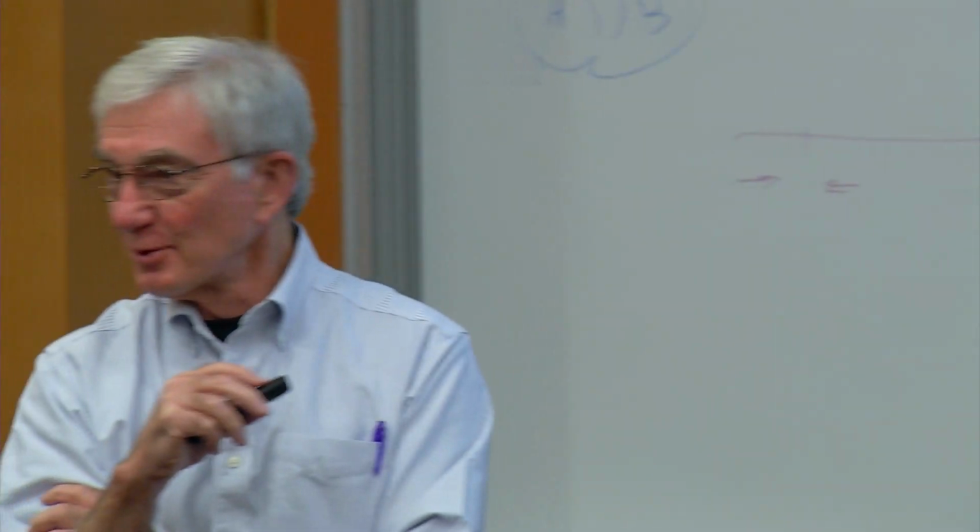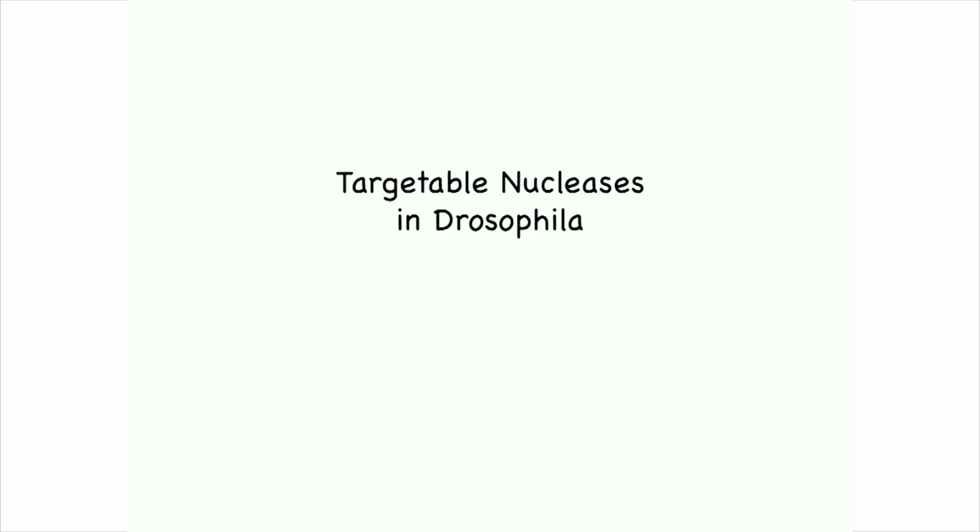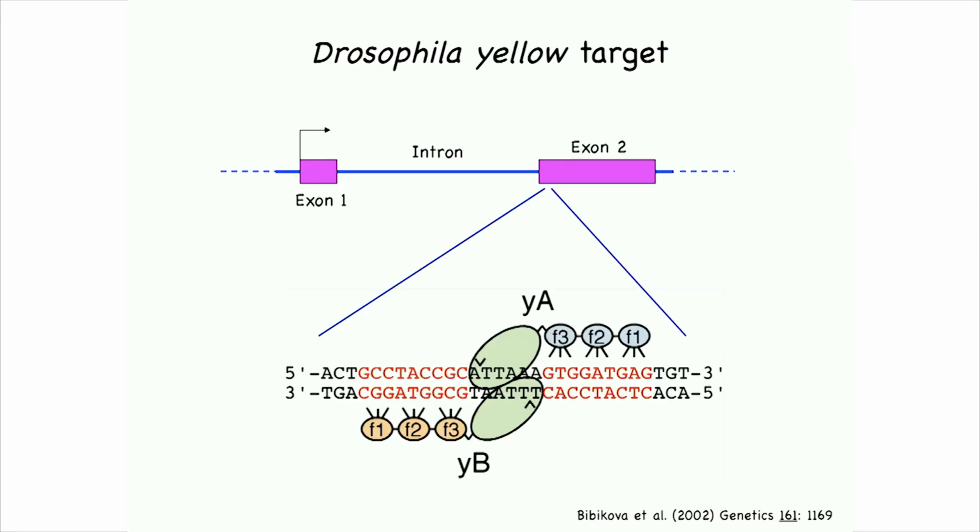Now, the tools we're most interested in, I'll go through pretty quickly. The very first use of engineered zinc finger nucleases in living cells or organisms was this one. This happened to have happened in my lab. Marina Bibikova and John Troutman and I collaborated.